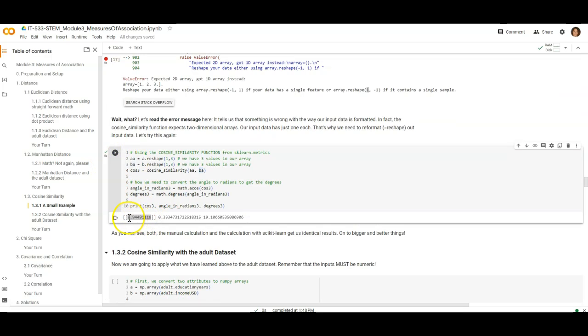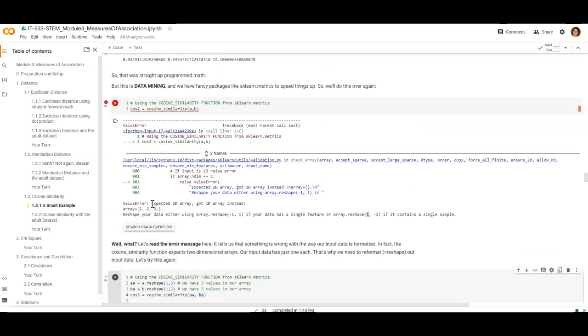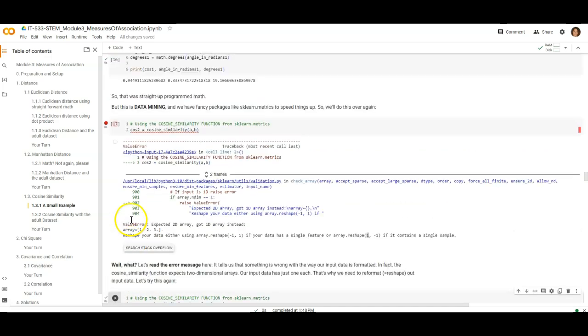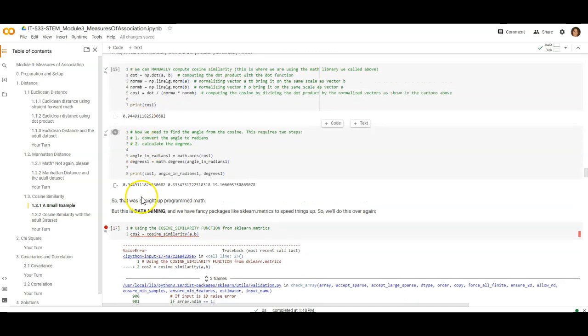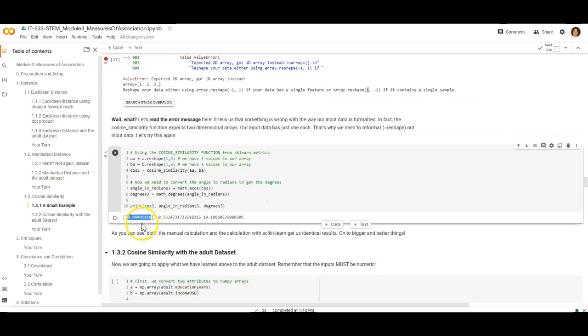And as you can see, here is my cosine based on the reshaped angles. Let's compare that with the cosine that we have calculated with the dot product before here. And not surprisingly, it's the same number, right?